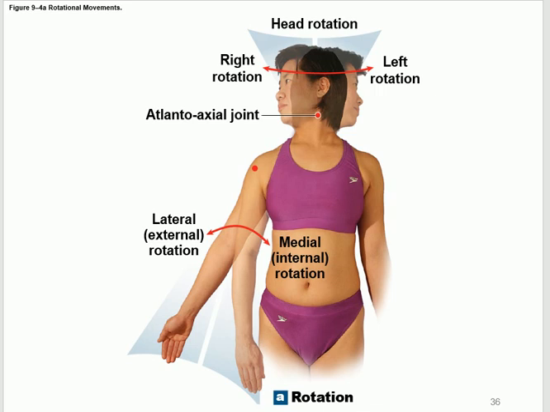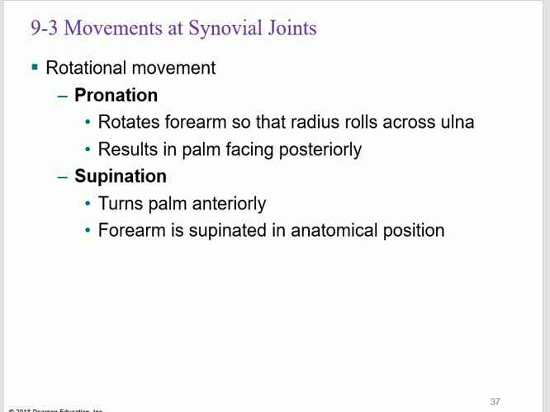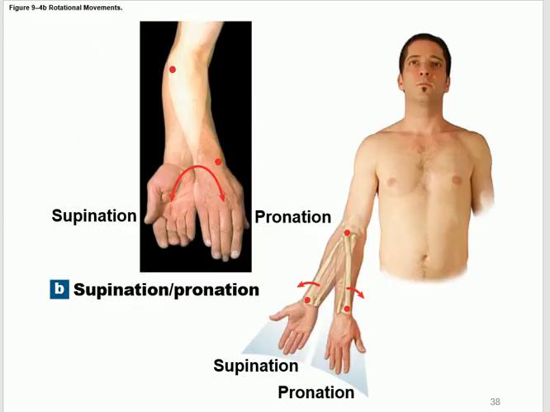If the movement is in the shoulder, this is medial rotation, lateral rotation. But if you're moving the forearm and the hand only, it's pronation and supination, unique for the hands. Here is pronation and supination.